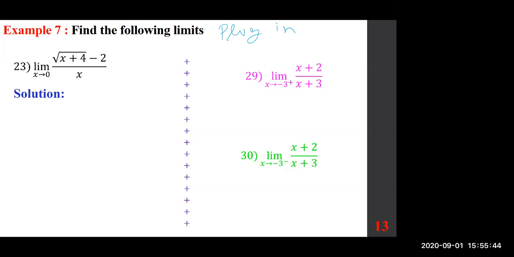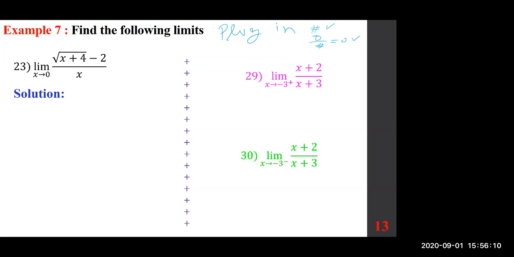Let's write a few things. If you get to a number, you're done. 0 over a number is equal to 0 and you're done.